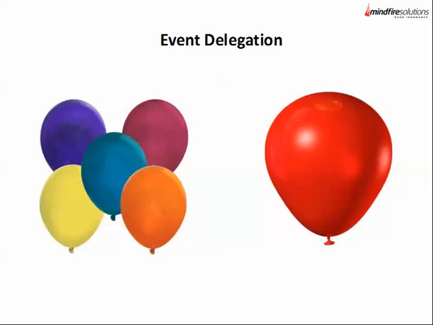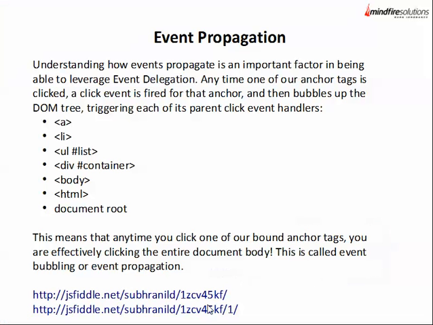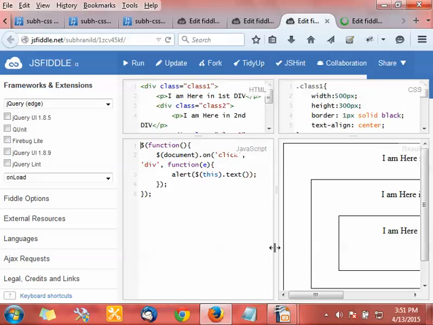Instead, from the TR I will delegate to all these TDs. That means I attach the event handler to the TR, not to all the TDs. Here I created two demos and I will show you what the problem is.